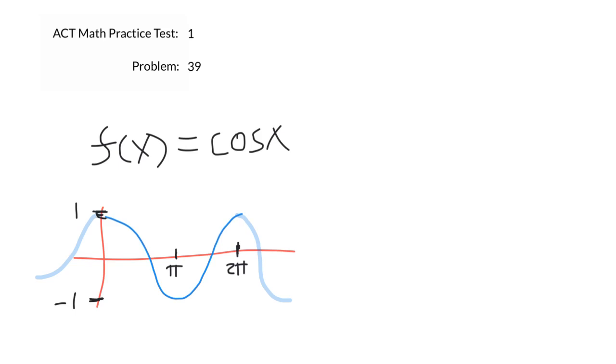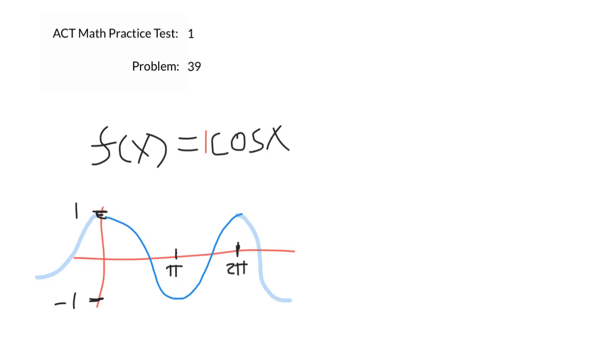The amplitude, by the way, is given by the number right in front of cosine x. It's that invisible 1 in front of cosine x that tells you that from the center line it goes up 1 to the maximum, and from the center line it goes down 1 to the minimum. Anyway, I'm kind of repeating myself.